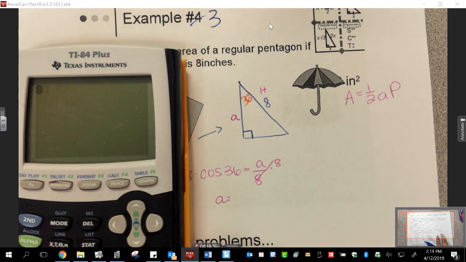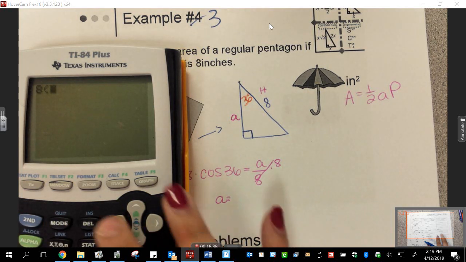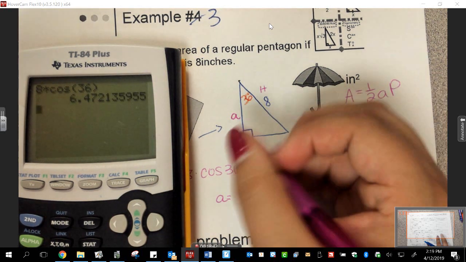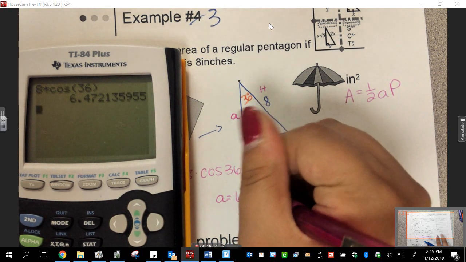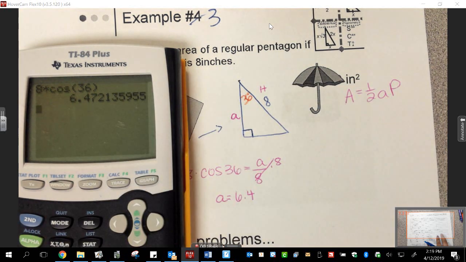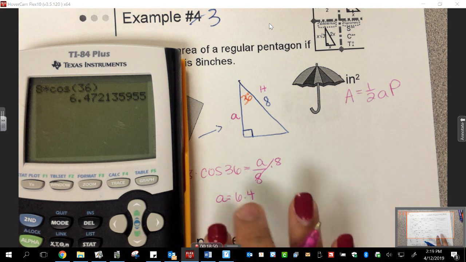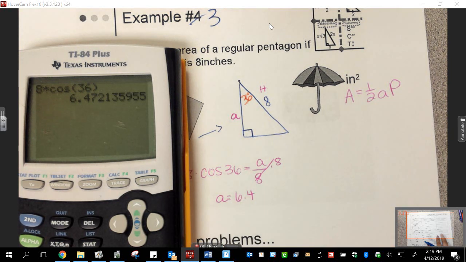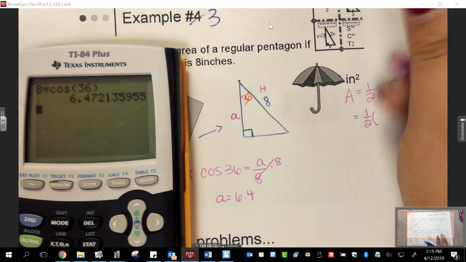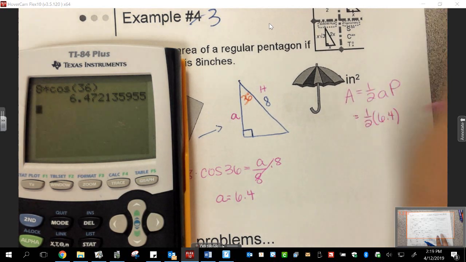If I do 8 times the cosine of 36, I get 6.5. I don't even care about rounding right now because I'm going to do everything from my calculator. I'm just writing this down to help me. So now I know my apothem is 6.4.